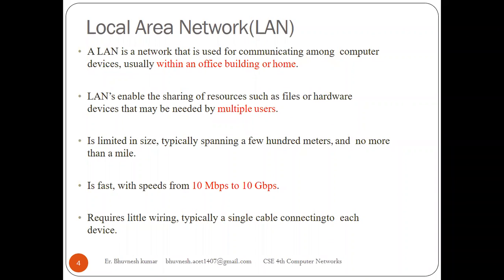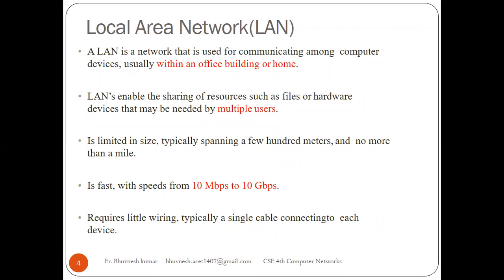Next point is fast. A local area network is a fast network with speeds from 10 Mbps to 10 Gbps. 10 Mbps means megabits per second, up to 10 gigabits per second. The speed means the bandwidth with which you can transfer your files.